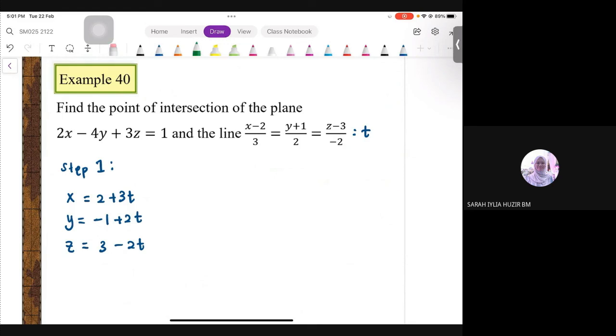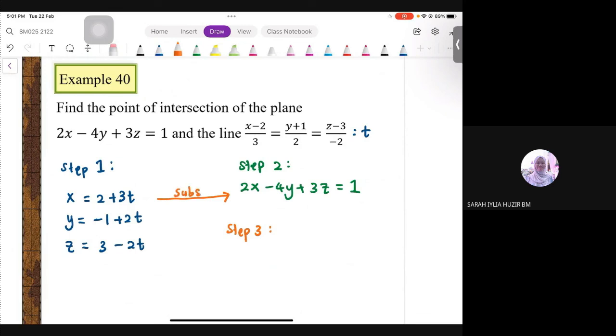Moving on, step number 2, we must prepare our plane in the form of Cartesian, and that is basically given in the question. You just have to copy it back, settle with that part. Moving on to step number 3, in order to find the scalar, substitute our line into the plane.